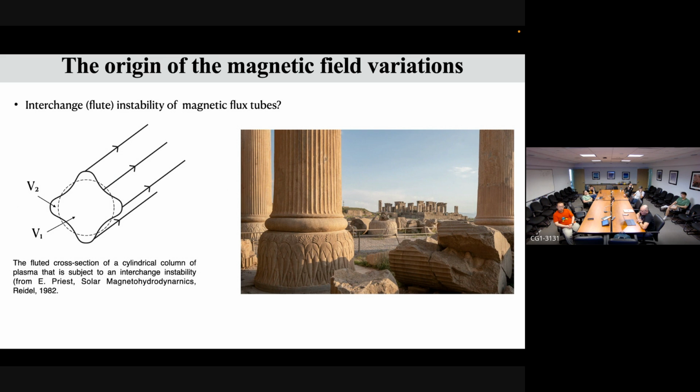And in this case, the instability that can develop is called interchange instability. We also have a more poetic name for that, the flute instability, that comes from that classical architectural column, which has these vertical stripes.